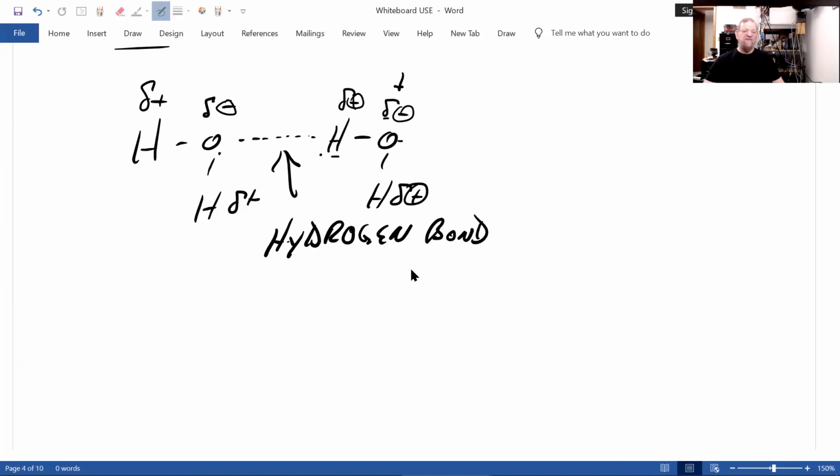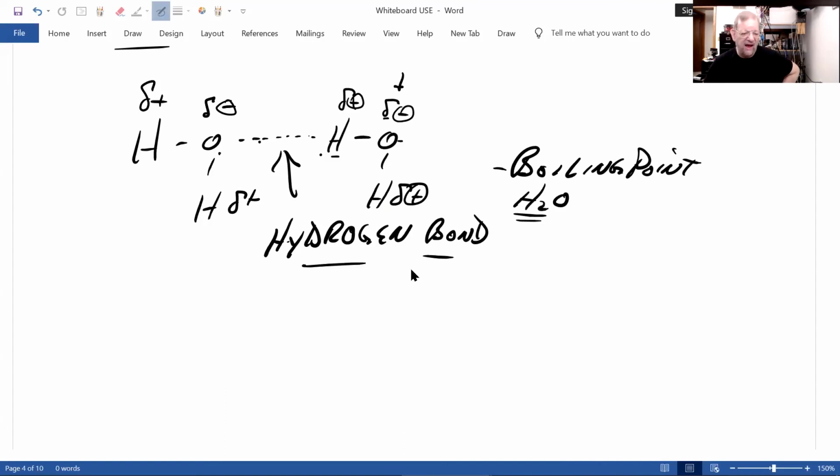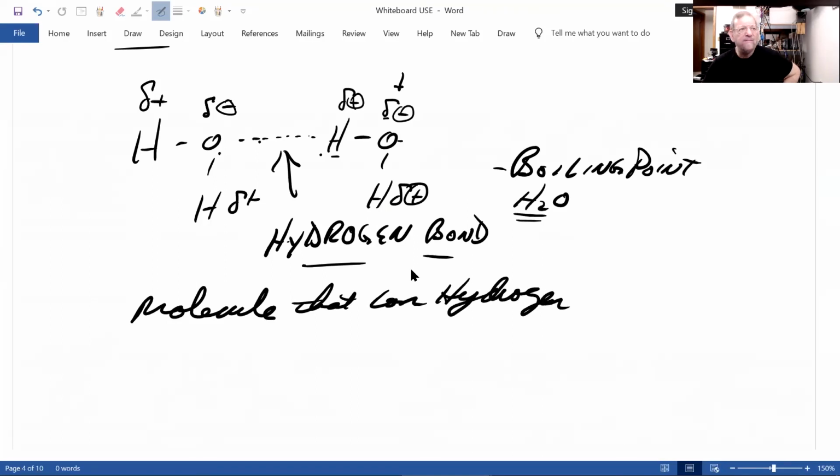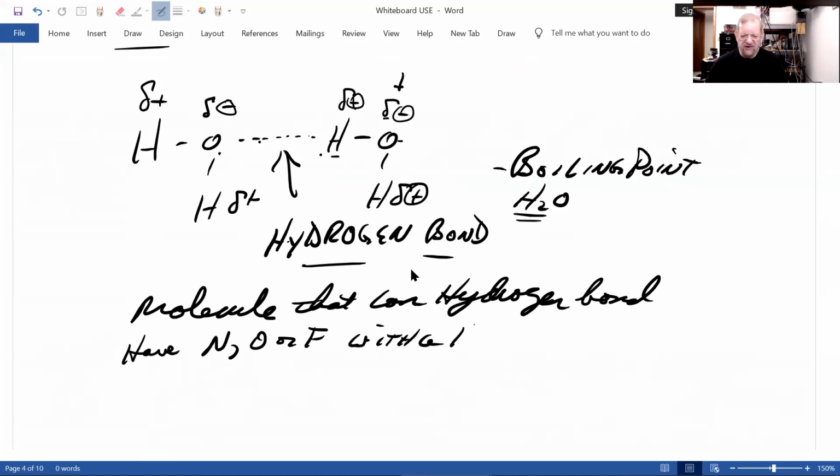And this, even though a very slight effect, is a very critical effect. Because of this, the boiling point of water is much higher than comparable molecular weight compounds, and that's because of hydrogen bonding. And molecules that can hydrogen bond, and I apologize for going over, but I want to finish everything today, are molecules that have either nitrogen, oxygen, or fluorine with a hydrogen atom.